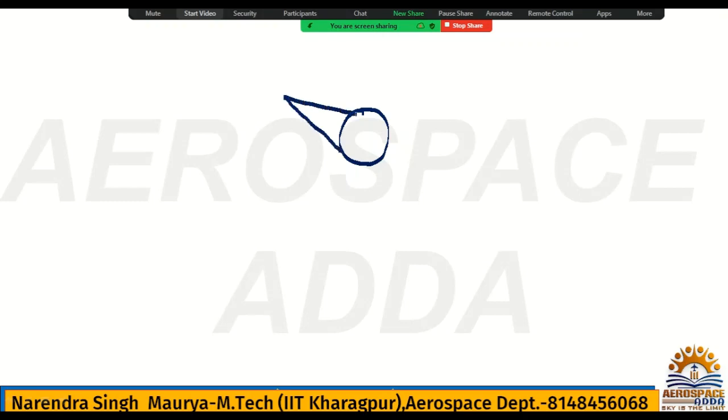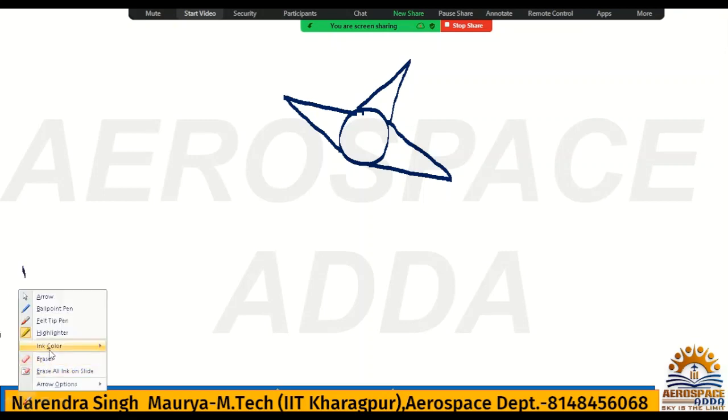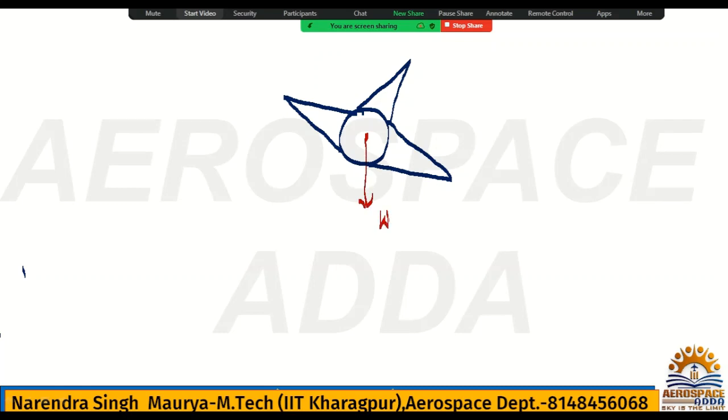This is the turning flight, okay? And if I show the forces, different forces are acting here. If I resolve, this is the downward force, weight, and this will be lift from the vertical axis.